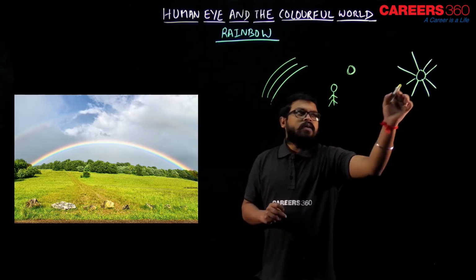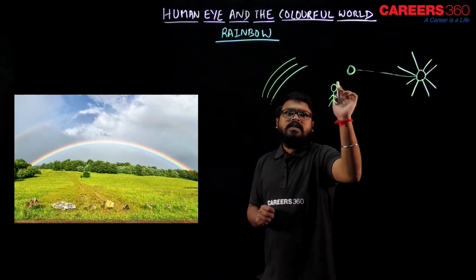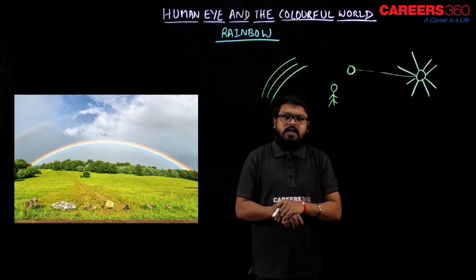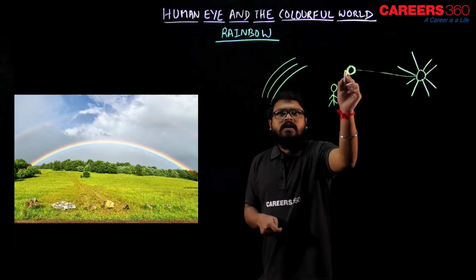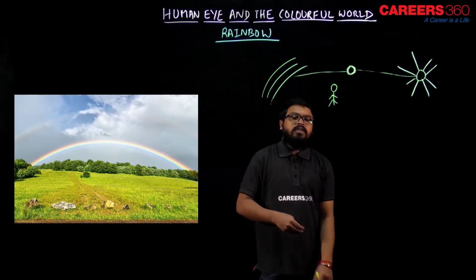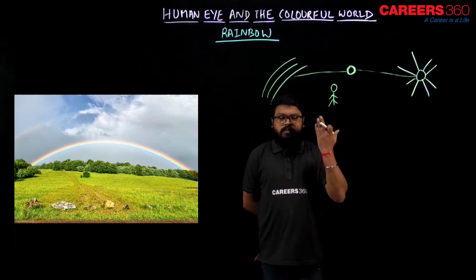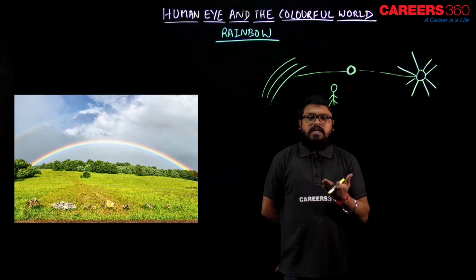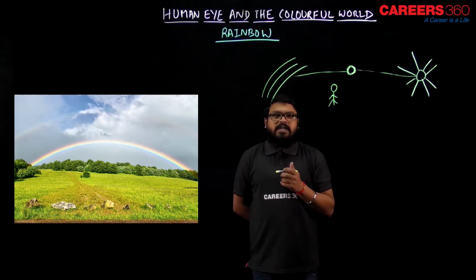The light from the sun must get dispersed because of the droplet of water, and it is then visible to you in the sky. So the sun must be on the back side of the observer, so that the observer can see the rainbow on the front side. I hope that is clear to you.